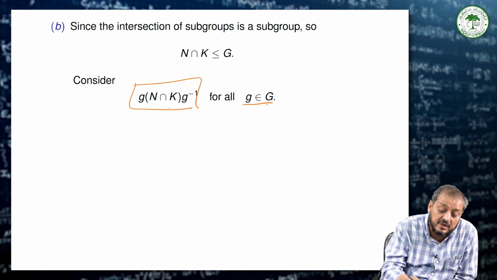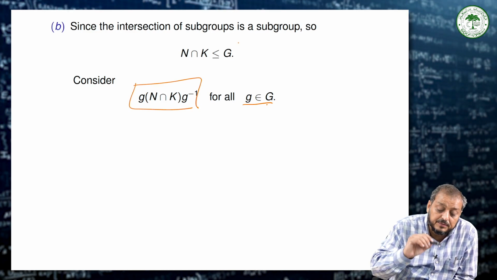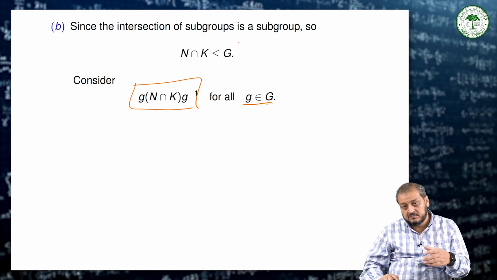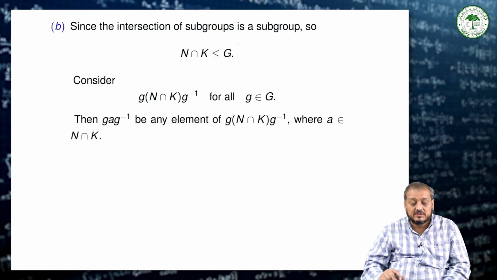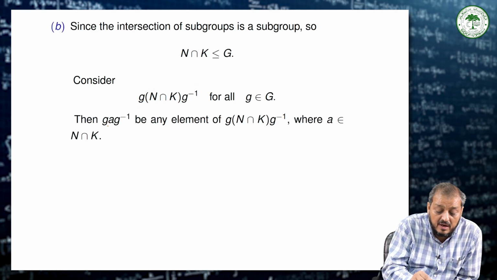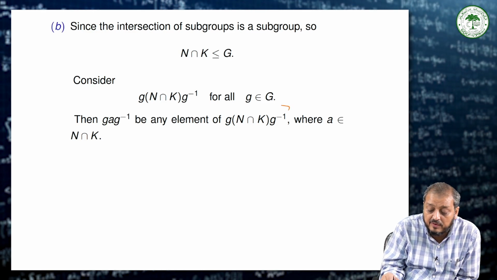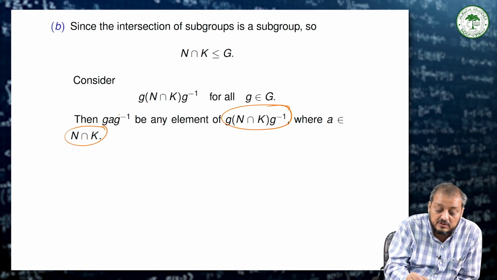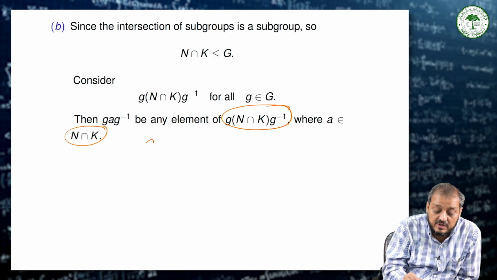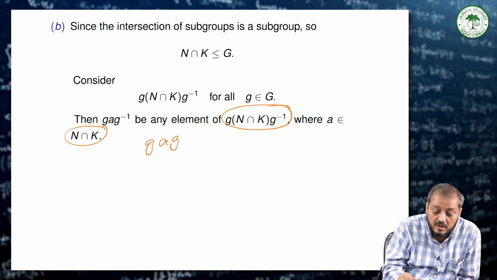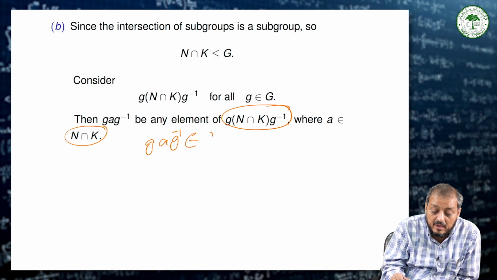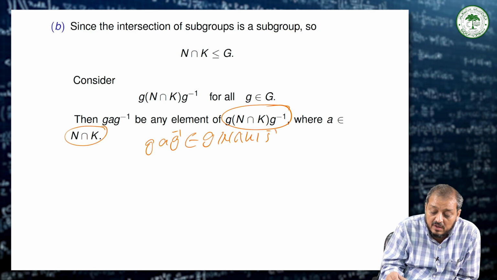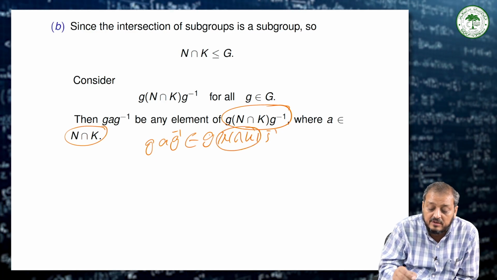We have to show that this is an element of this set, then clearly this is a subgroup. So we just have to study it. Say we take g inverse to be any element of this set, where a is an element of N intersection K. So we assume g inverse a g is an element of N intersection K, and a is an element of this intersection.